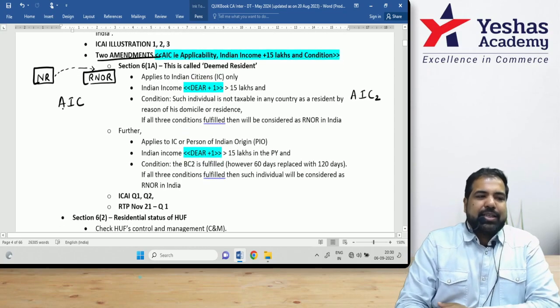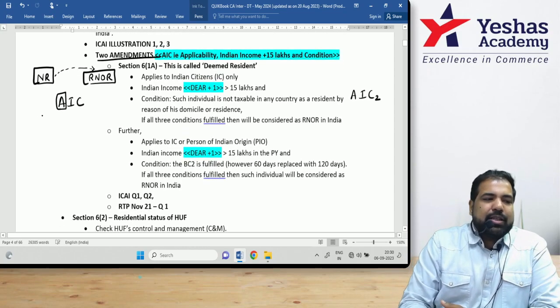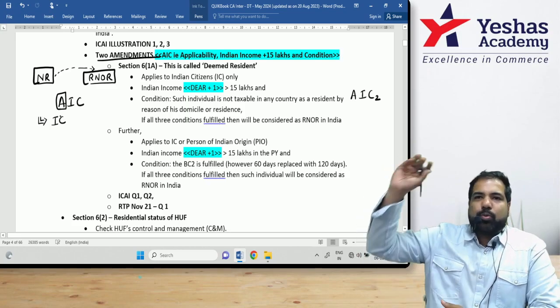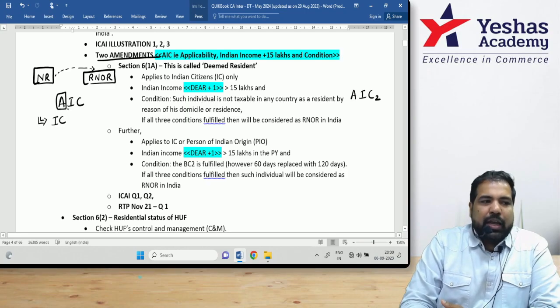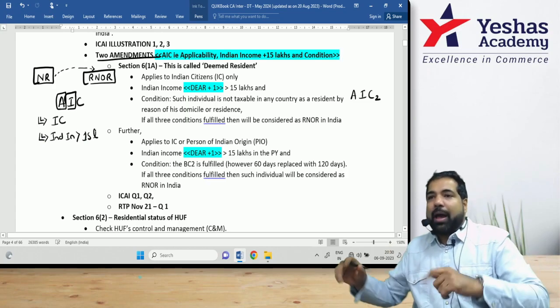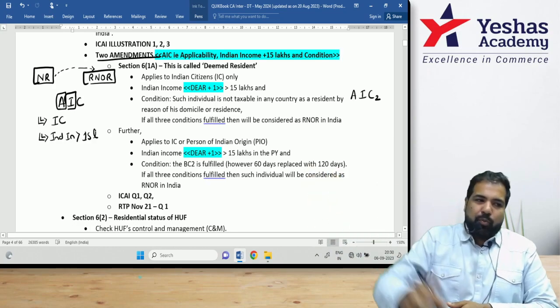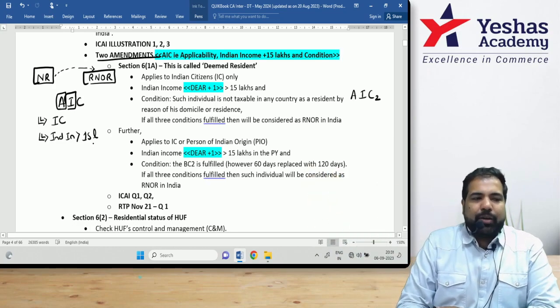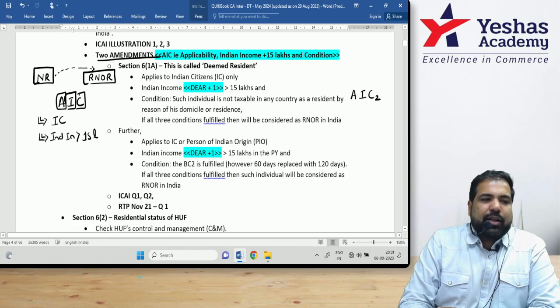Now, what is AIC, guys? This amendment applies only to whom, guys? Indian citizen. If your passport has an emblem, you are an Indian citizen, and your Indian income, which income, guys? Indian income is more than how many lakhs, guys? 15 lakhs. By the way, definition of Indian income happens to be the same, dear. If the Indian income is more than 15 lakhs, and what is the condition?